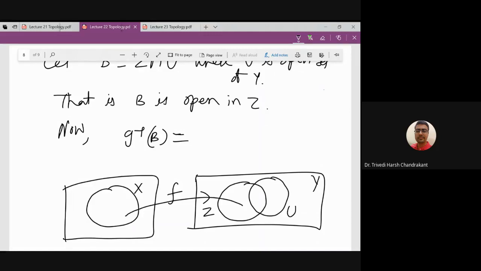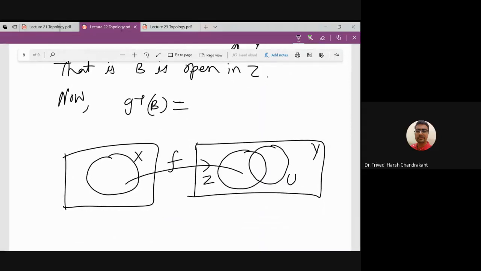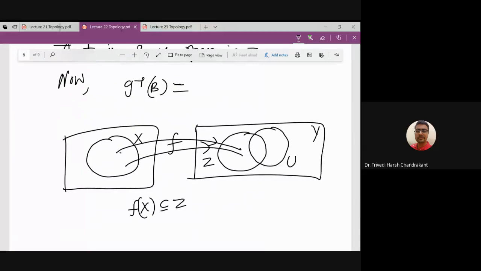Since Z contains f of X, whatever point I take, it will land in Z only, right? And G is basically f only at every point.